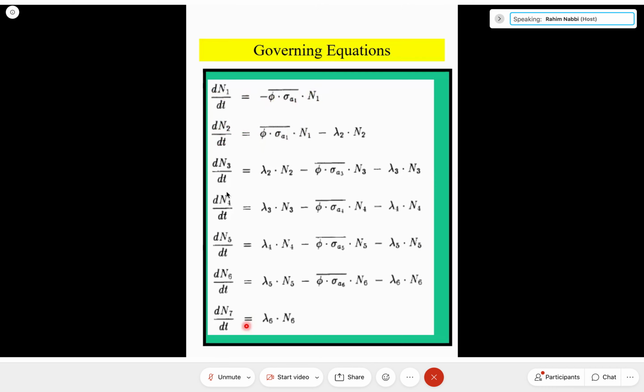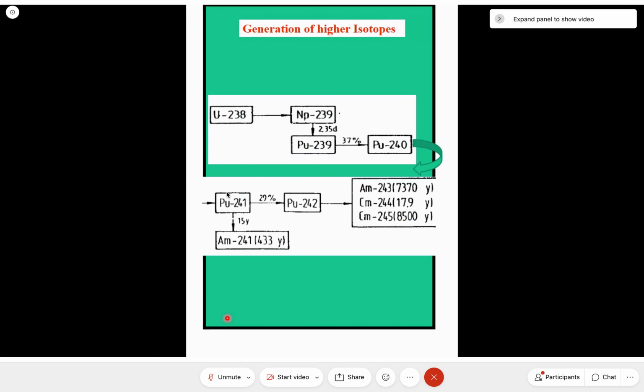For example, here number 7 is produced if number 6 is decayed, but there is no loss term for that one because maybe the cross section is so low that it doesn't have any impact or effect on the change of number densities. Good.